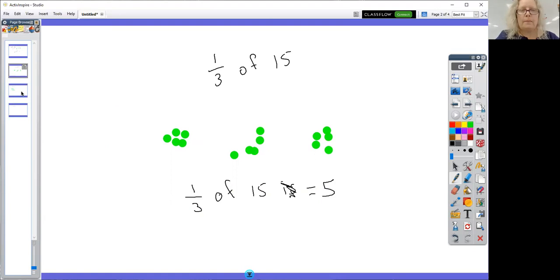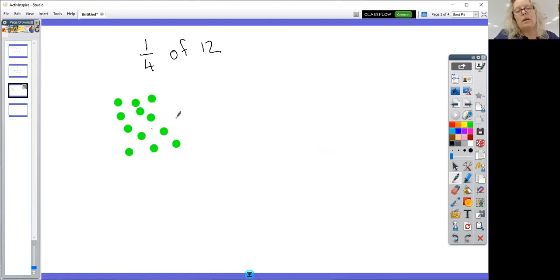Okay, a little bit more. One more, a quarter of 12. So now we've got to put this into 4 groups to find out how many is in a quarter of 12. So a quarter is dividing 12 into 4 groups.